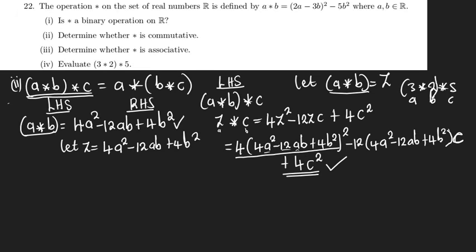So let me find Z. So Z is going to equal 4. Where there is A, I'm going to put a 3 to the power 2 minus 12. Where there is A, 3, where there is B, I'm going to put a 2, plus 4, then 2 power 2. Let's try to calculate this.